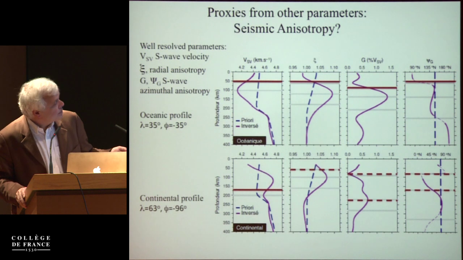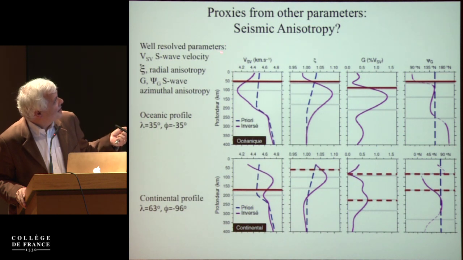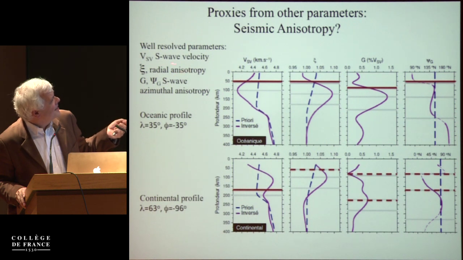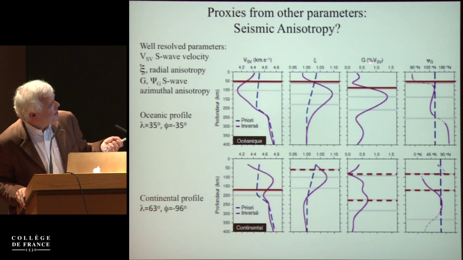We can also look at other parameters, and of course seismic anisotropy. When we consider tomographic models, we have four well-resolved parameters. We have the SV wave velocity, the radial anisotropy, which is the ratio between VSH and VSV, and the azimuthal anisotropy, which expresses the azimuthal variation of VSV velocity.